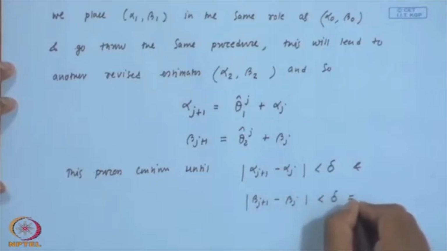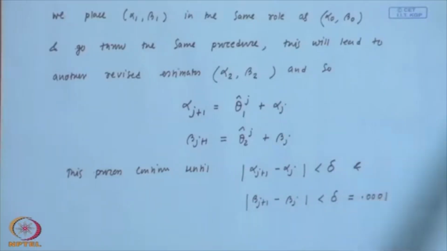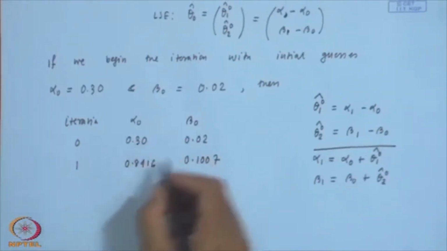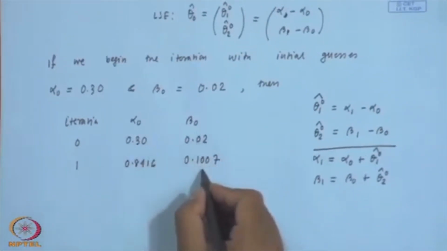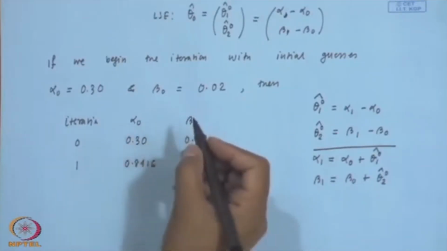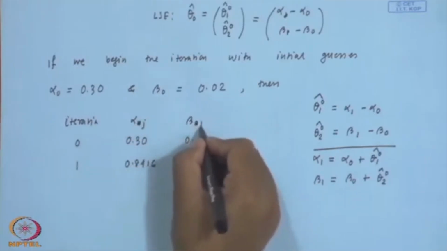So, delta is a pre-specified small number. In our case, at this moment we have alpha 1 beta 1, this is my alpha naught beta naught, so I should write here alpha j beta j.